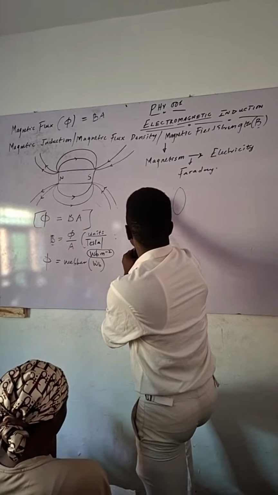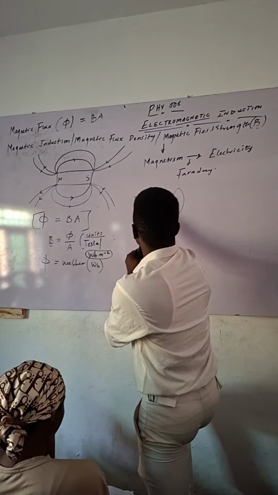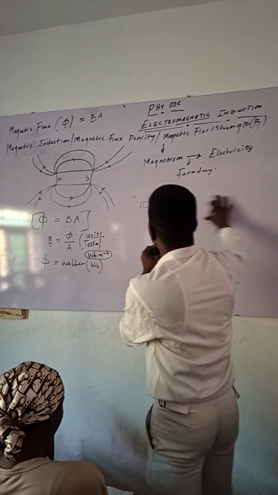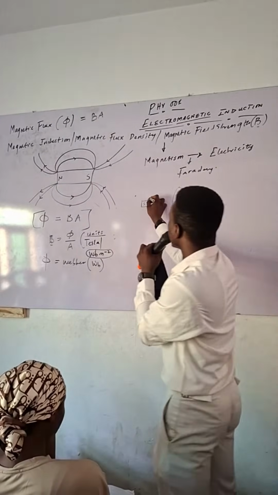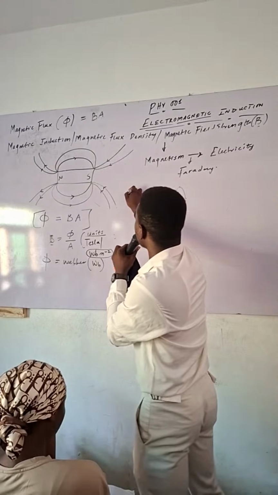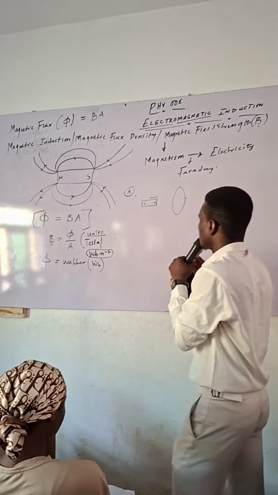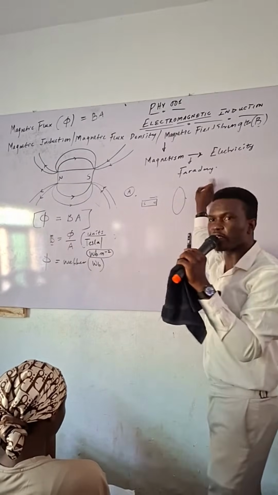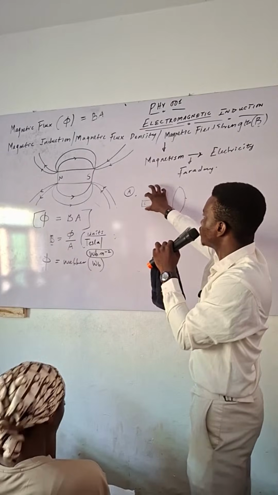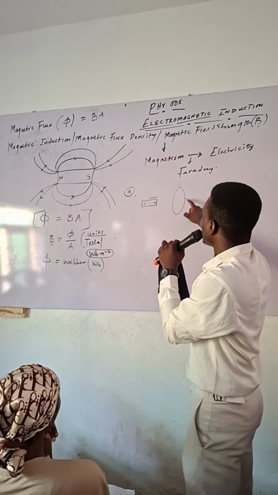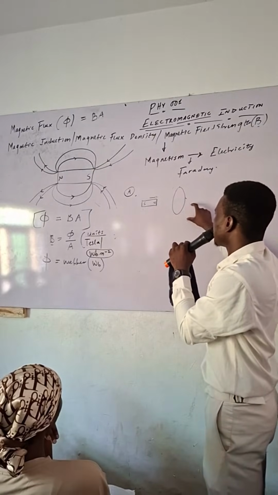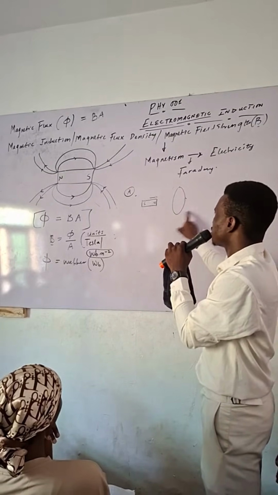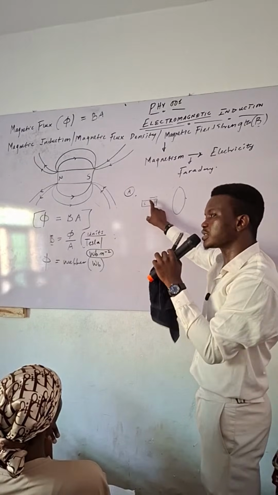Let's call this one experiment A. For Faraday's experiments, when he moves the magnet into the coil, current flows. And the current that is flowing in this coil will act in a way to oppose the thing that is producing it.